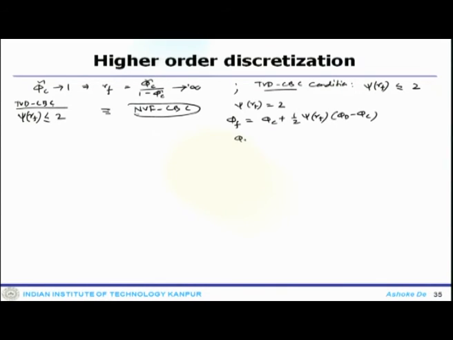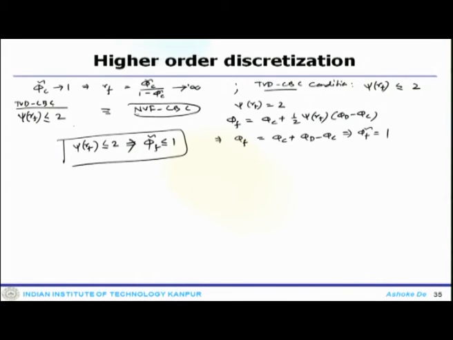That means phi f equals phi c plus phi d minus phi c, which means phi f tilde is 1. So, psi RF less than or equal to 2 gets you back phi f tilde less than or equal to 1 in NVF CBC.